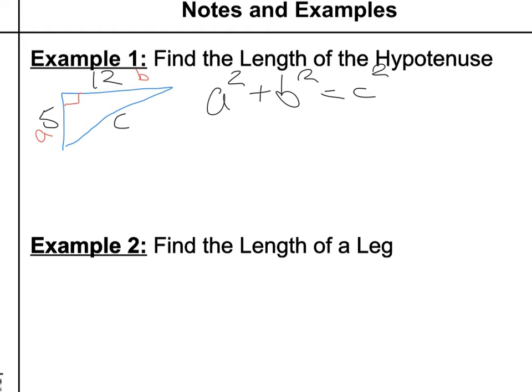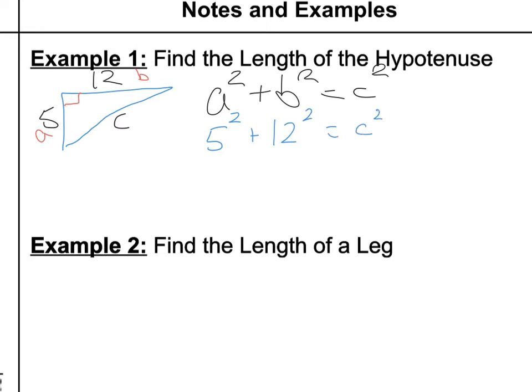Now what we're going to do, guys, is just plug in values and solve for C. So here's how we go. We're going to go 5 squared plus 12 squared equals C squared.